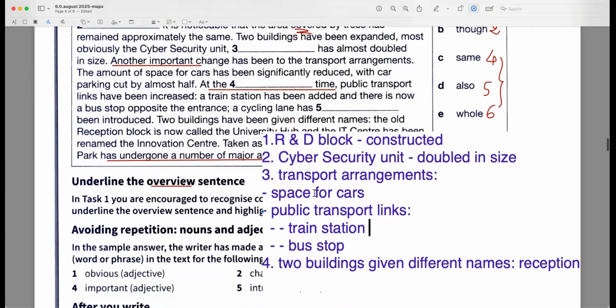But for the final one, they have the same features, but given different names. So this one introduced a new one, but here it's still the same. We just change the name to try to find the similarities to group it.